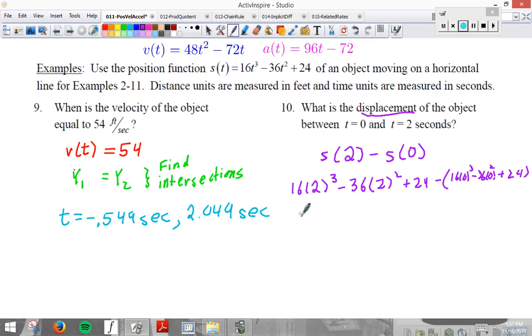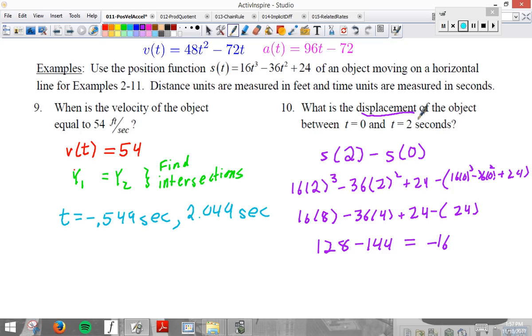So we're talking about 16 times 8 minus 36 times 4 plus 24 minus, and all that worked out to be 24, like I said. So we're talking about 128 minus 144, which equals negative 16.